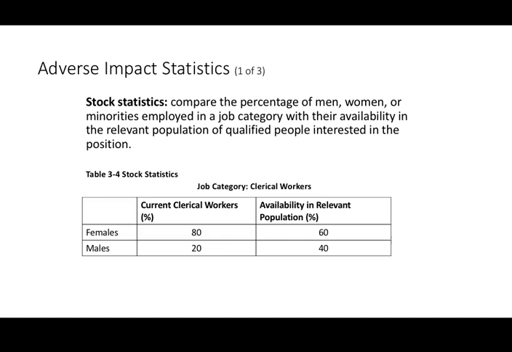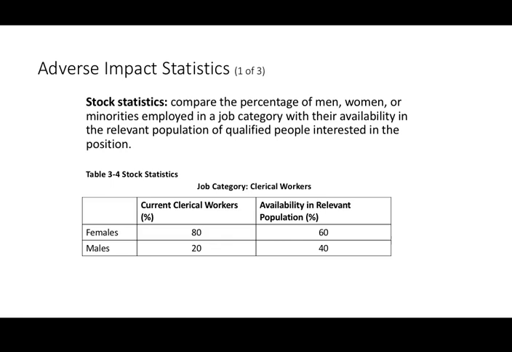So you're looking for representativeness of the qualified people in your organization relative to the qualified people in the population. You need to be within 4/5 of the rate of those that are qualified in the workforce. So in this situation with clerical workers, it's turned on its head a little bit, because women are more than represented. That's fine.